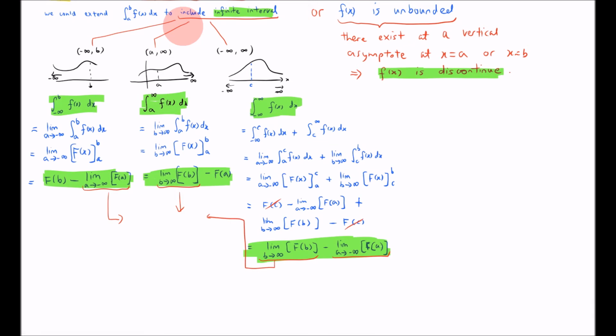Most likely it will be involved; only for simple cases will L'Hopital's rule not be involved. So just keep in mind, when you are doing this type of question, you may need to use L'Hopital's rule.